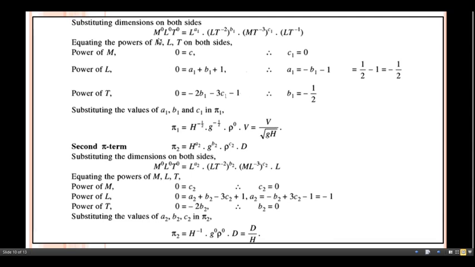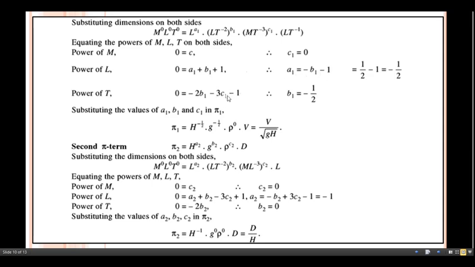Now see the power of l on the left side and the right side: the power of l on the left is 0, then a1, then b1, and then 1. So here a1 equals minus b1 minus 1.